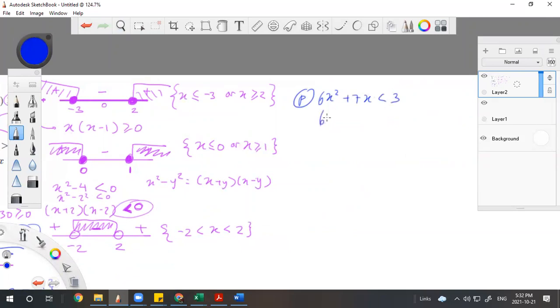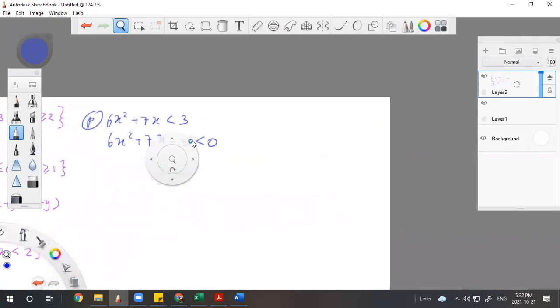So you put everything on the left side. Less than 0, right? So what to do here? If you have any difficulties factorizing, what you can do now is try to find the answer using the quadratic formula. Minus b plus or minus square root of b squared minus 4ac over 2a, right?